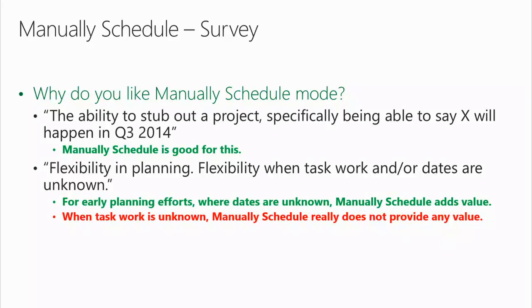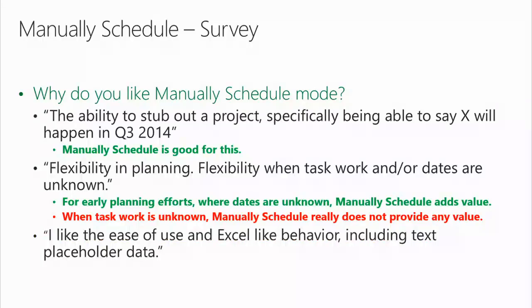But when task work is unknown, manually scheduled doesn't provide any value. Manually scheduled has nothing to do with work. When you start assigning resources and work values, it constrains you. It takes over work in many examples. "I like the ease of use and Excel-like behavior, including text placeholder data." Well, manually scheduled is good for text placeholder data.